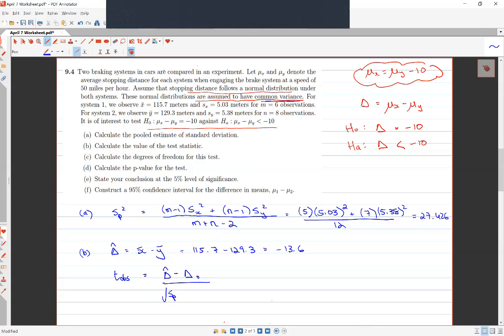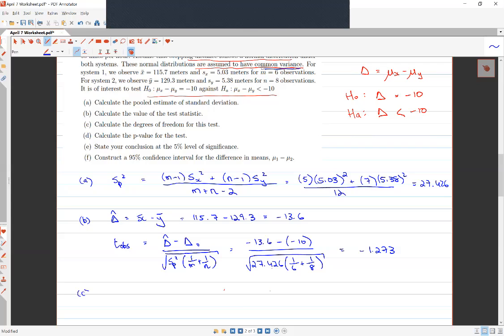And then because you have a pooled estimate of variance, you then divide by the square root of the pooled estimate of variance times 1 over first sample size plus 1 over second sample size. And this ends up being negative 1.273.